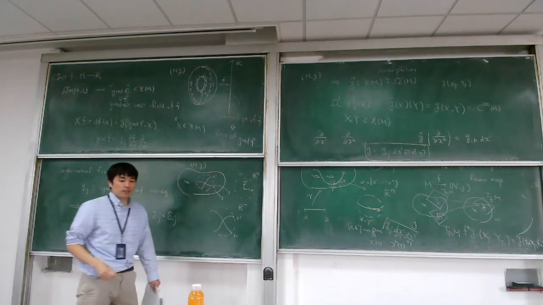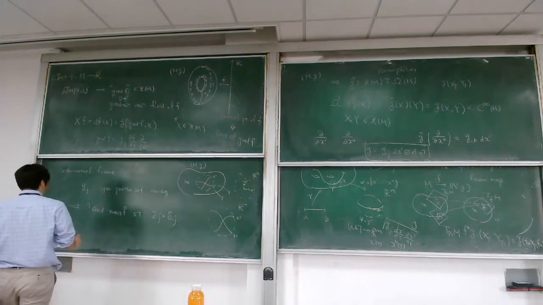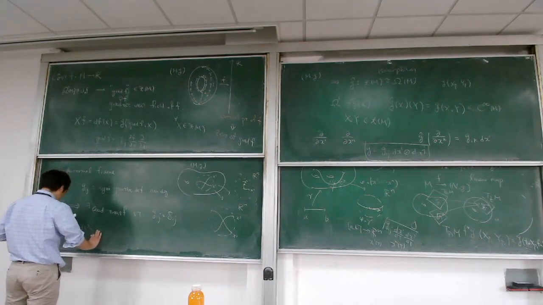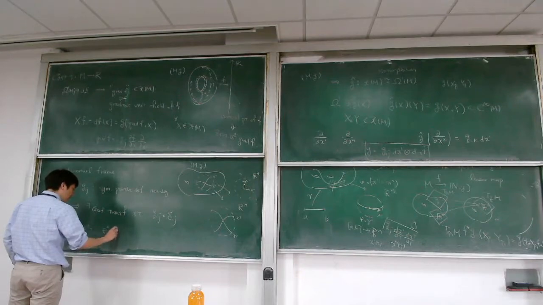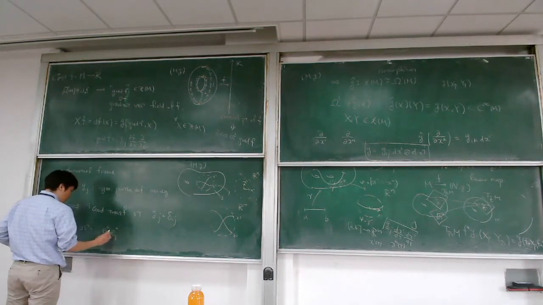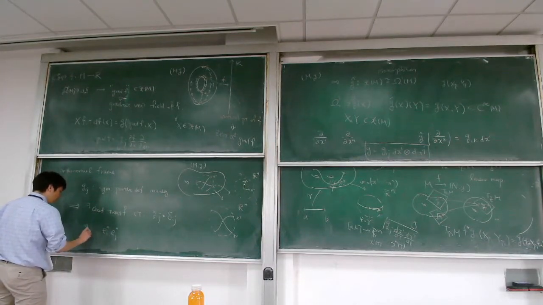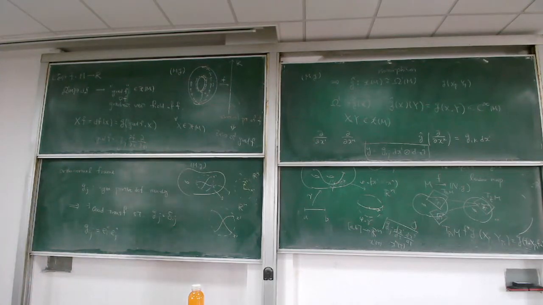So that's what it means. Therefore in this coordinate, you just have the usual e_i and e_j. What I meant is that g_ij is e_i and e_j.